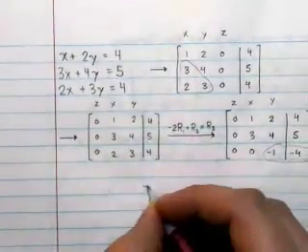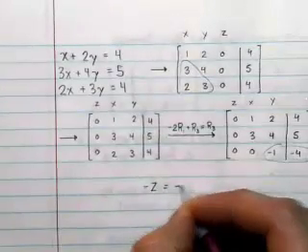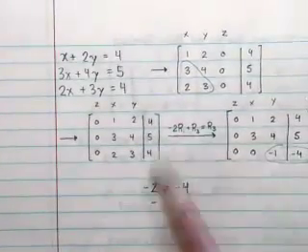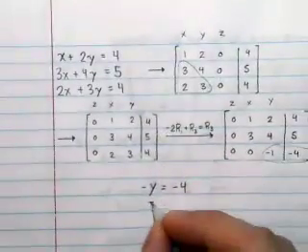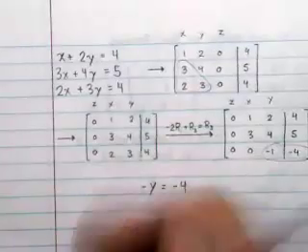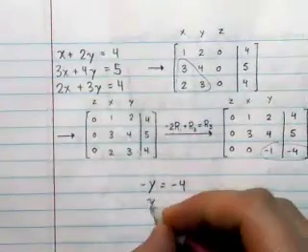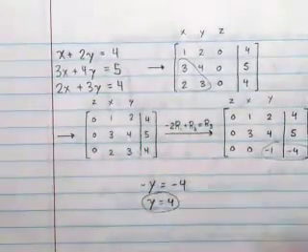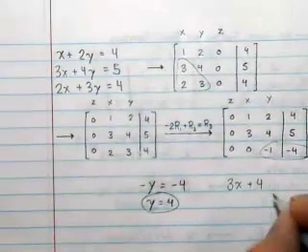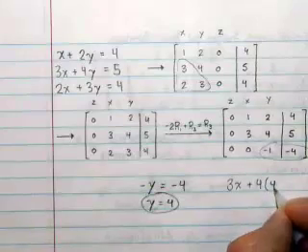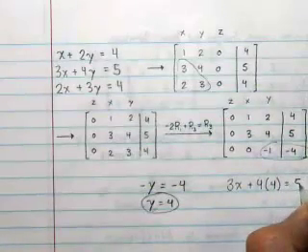What that implies is that negative y equals negative 4. I'm sorry, I caught it right when you said it. So, if negative y equals negative 4, what is y? 4. Okay. 3x plus 4 times 4 needs to equal 5.